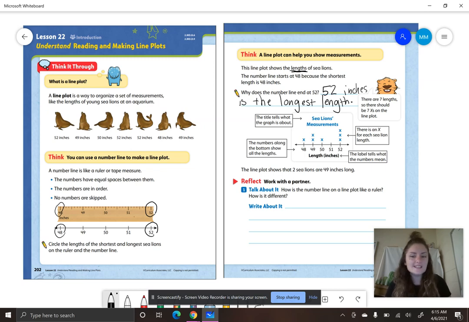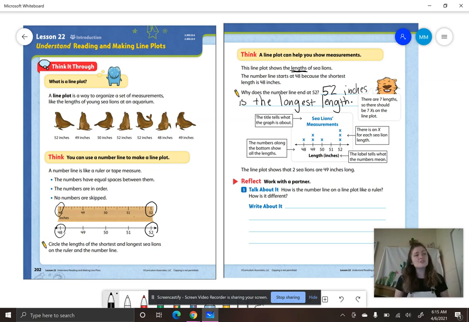All right, let's look at number 1. It says, how is the number line on a line plot like a ruler? How is it different? I want you to think about a ruler, Smarties. Remember, when we use a ruler, it is how many inches long?